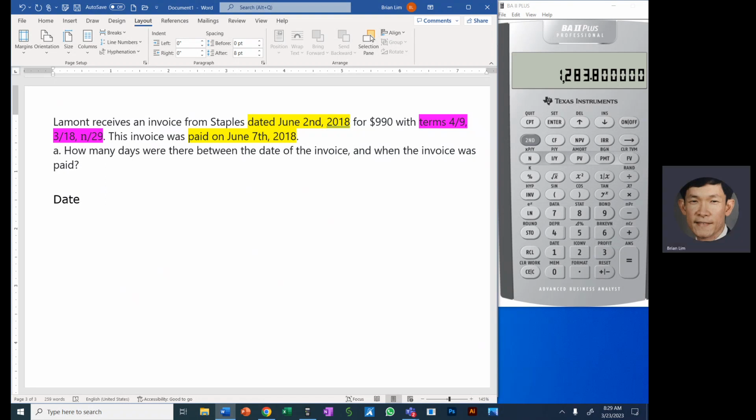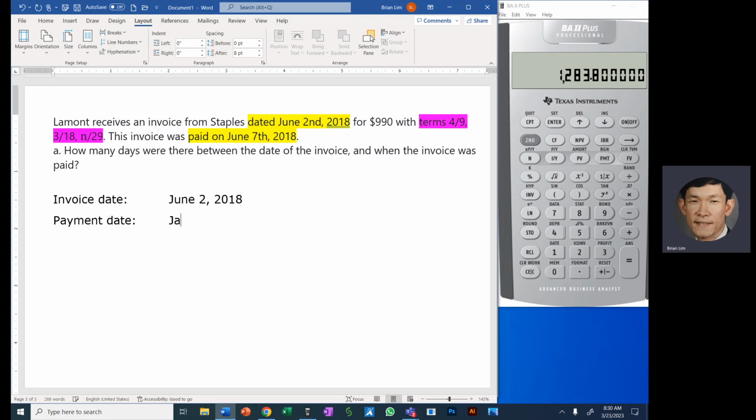So the invoice date, whichever way we like to do it. We can just say invoice date was what? Well, it was June the 2nd, 2018. All right. And we could say payment date if we wish, however way we like to say it.